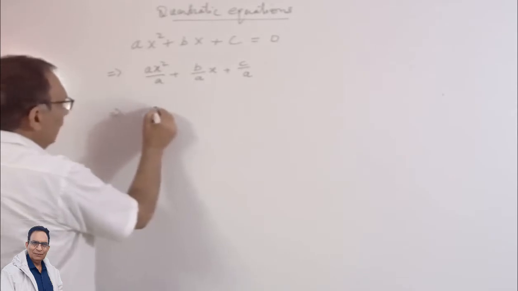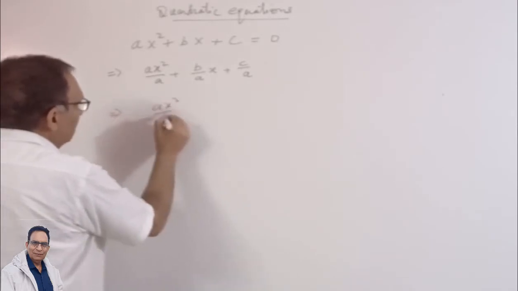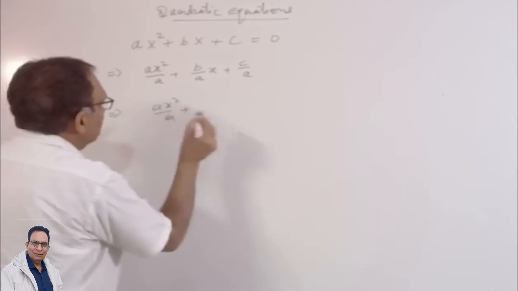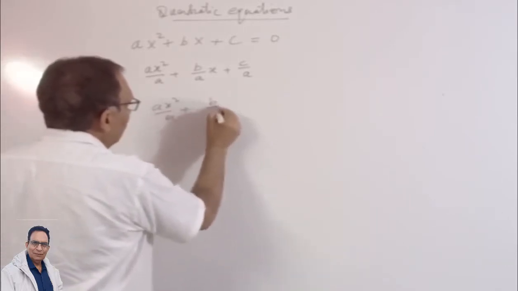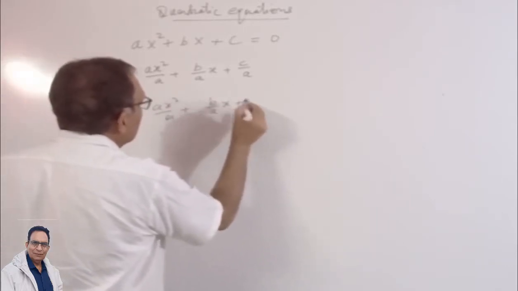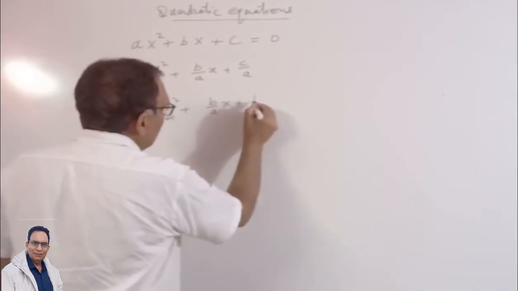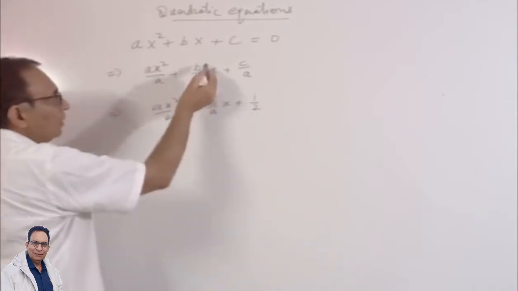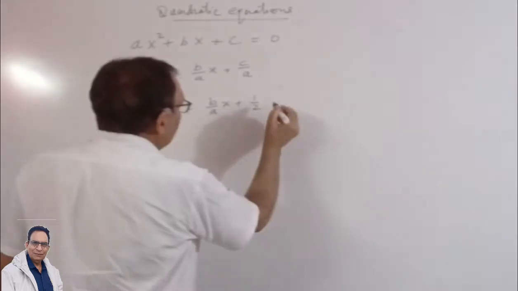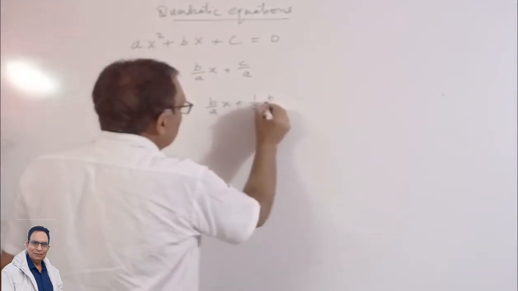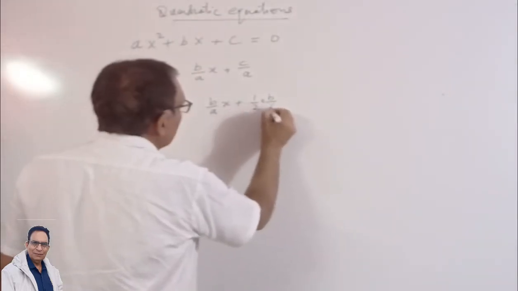Now what you do, add to this x square plus b over a x, just watch carefully, half of the coefficient of x. The coefficient of x is b over a.